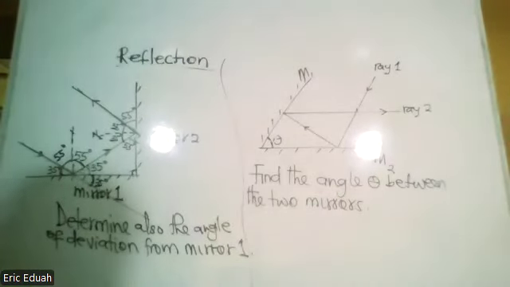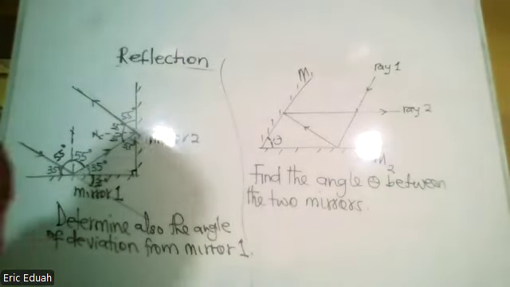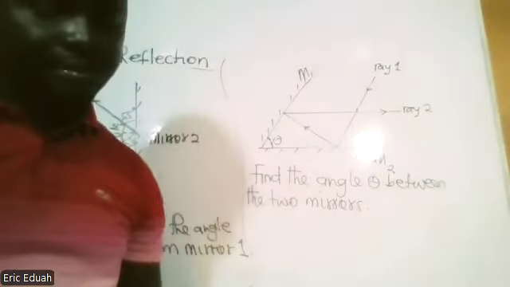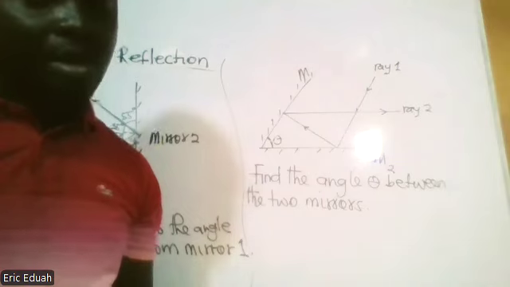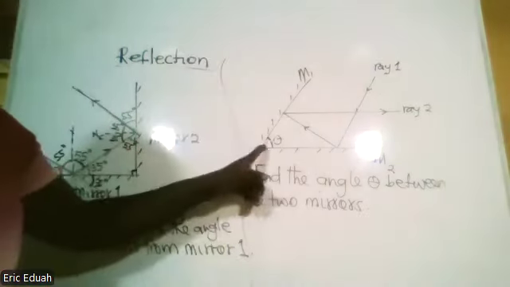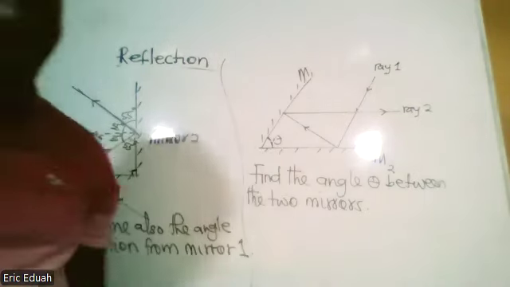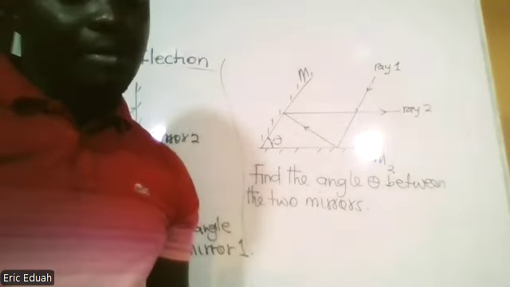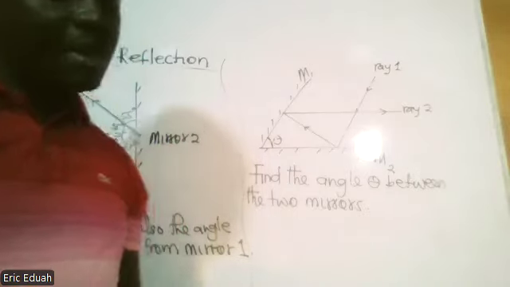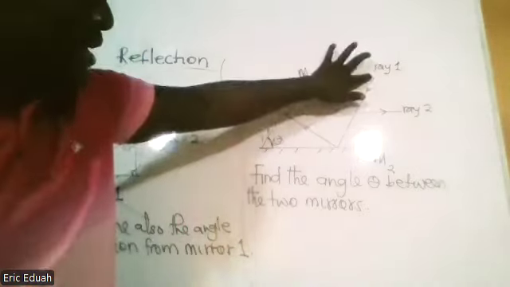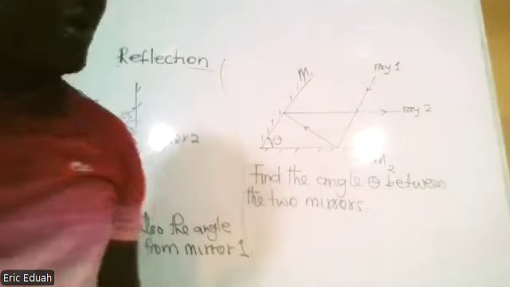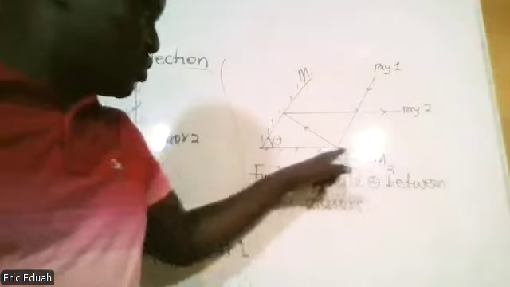That is your assignment. So 2 plane mirrors M1 and M2 are inclined at an angle theta as shown. A ray of light 1, which is parallel to M1, strikes M2.